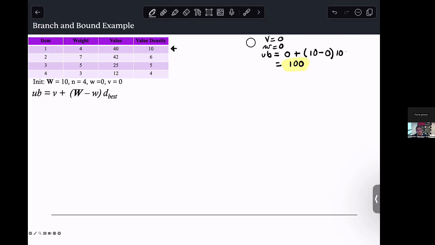It doesn't mean that we can reach it. It's just the best we can do. All right. So, but we haven't chosen everything yet. So we will start expanding or branching our tree. And we said that we will have a binary tree.